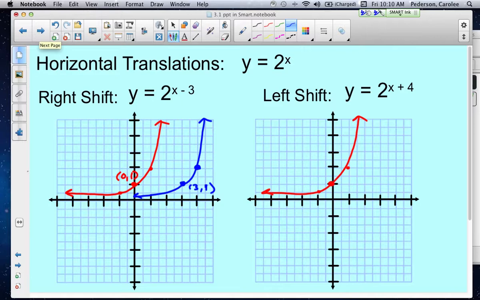And then the second example, if I'm moving to the left 4, I move that critical point from 0, 1, left 4, and now it's at negative 4, 1.